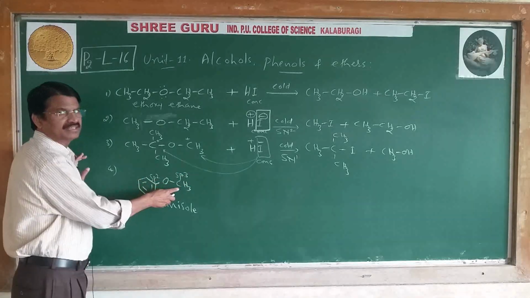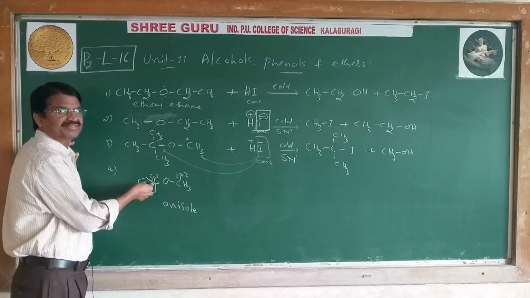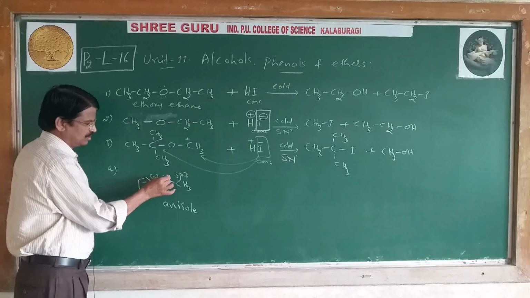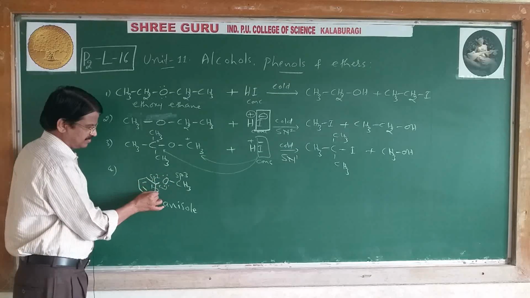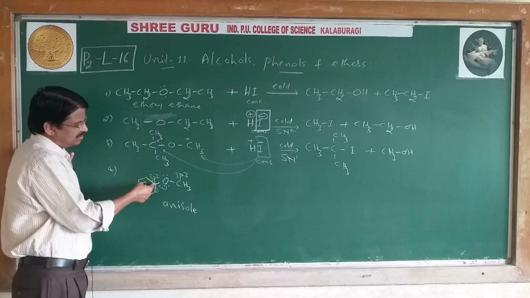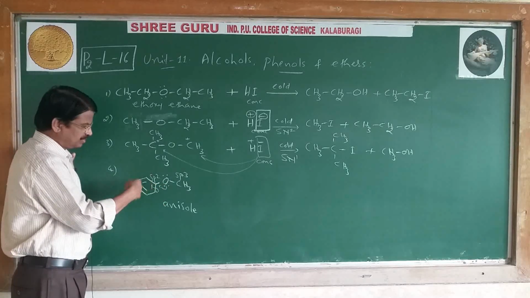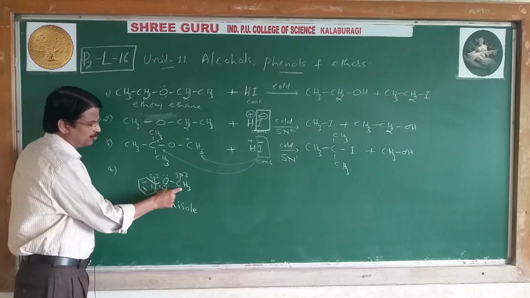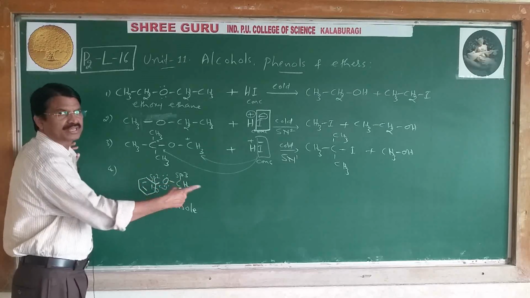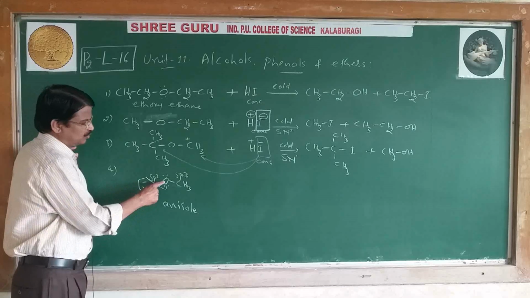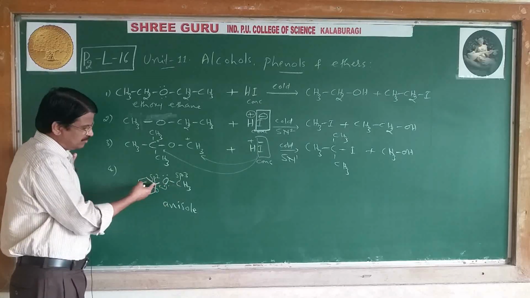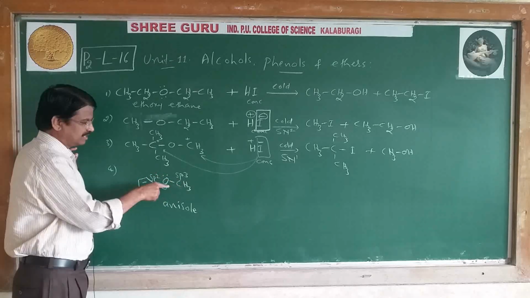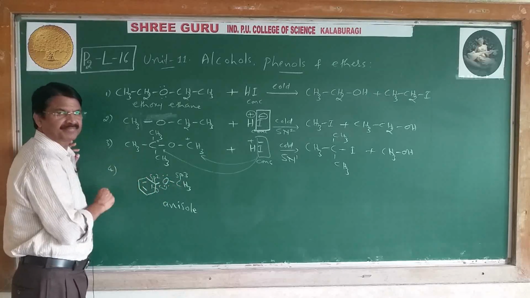The O-CH3 bond is weak, and the O-C bond of the benzene ring is strong, because this undergoes resonance. Because of resonance, the C-O bond with the benzene ring has partial double bond character, and here there is no partial double bond character because there is no resonance. Hence, the O-C bond of the methyl group is weaker than the O-C bond of the benzene ring.